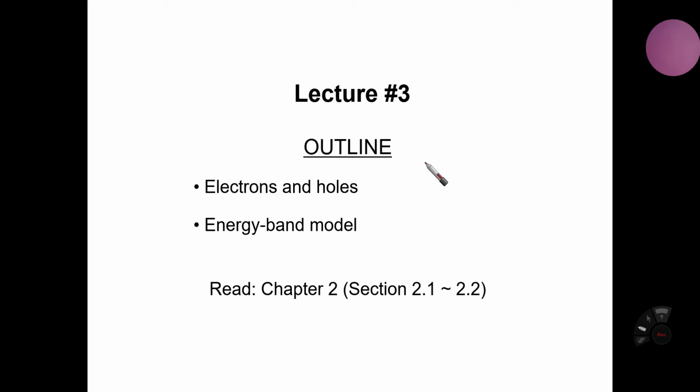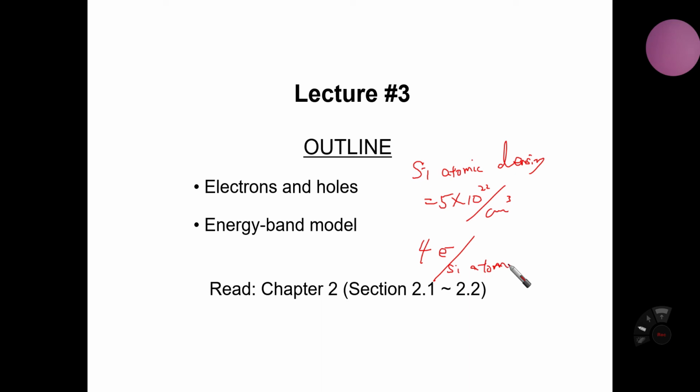Let me see, here the silicon atomic density is 5 times 10 to the 22 per cubic centimeter and 4 electrons per silicon atom, right?